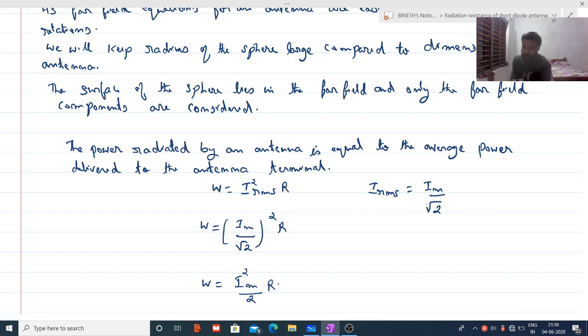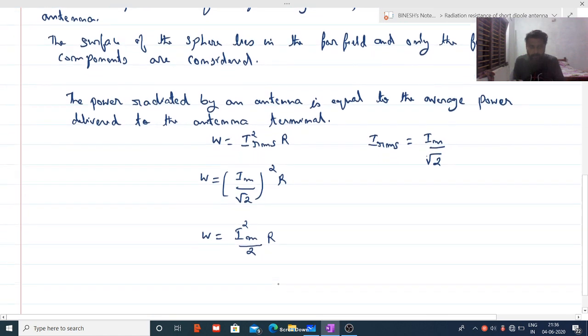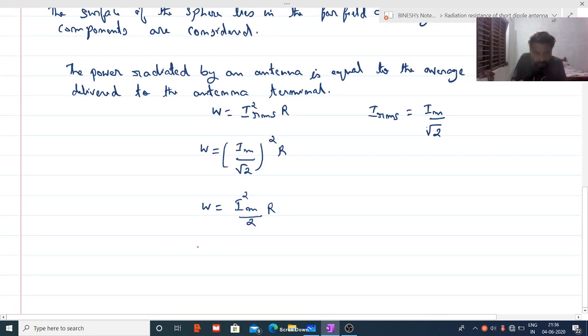So in general I can write R is nothing but 2W by Im square. Okay, so this is the equation for the radiation resistance for an antenna.